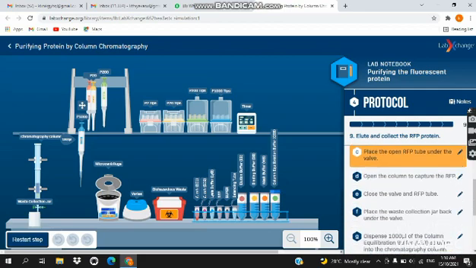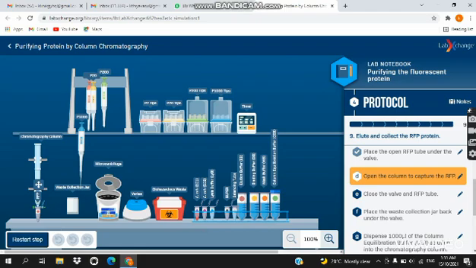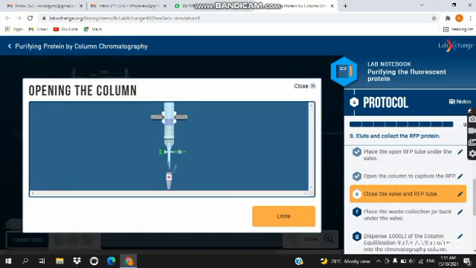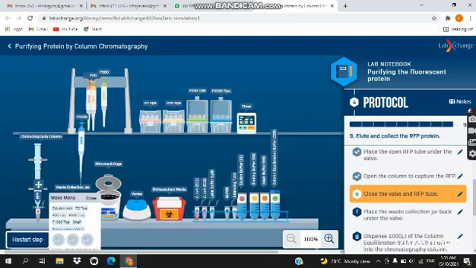Place the open RFP tube under the valve and open the column to capture. Capture the RFP and close the valve.